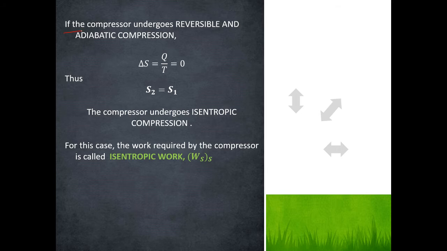We have also reversible and adiabatic compression. Ano ulit pag reversible at saka adiabatic? Diba delta S is 0. So, yung final mo na S, equal lang yan dun sa initial na S, kaya S2 equal to S1. So, it is said na pag ganon, isentropic compression yung process.